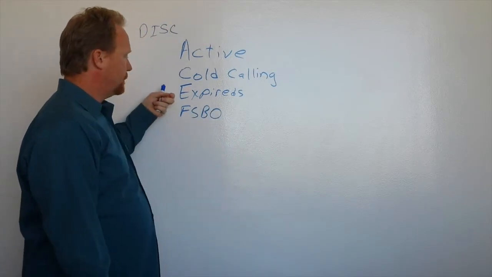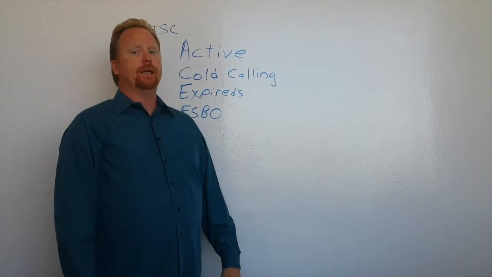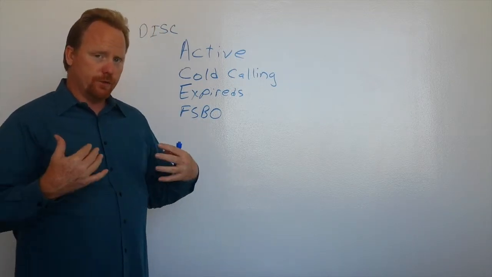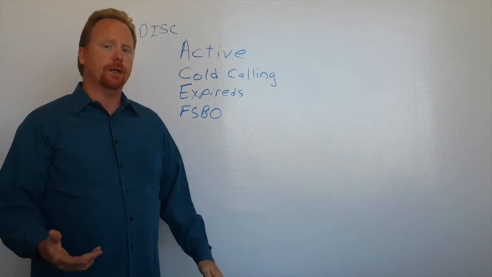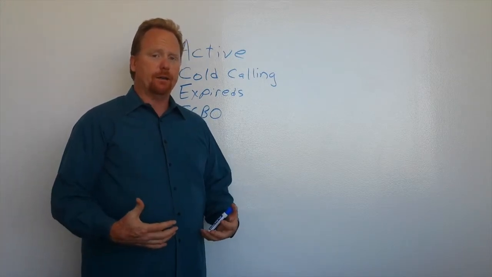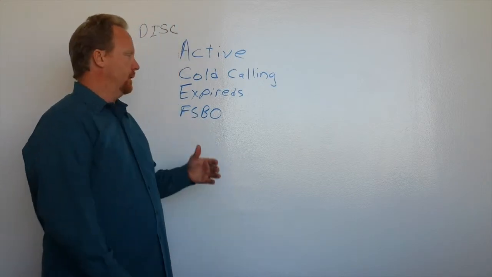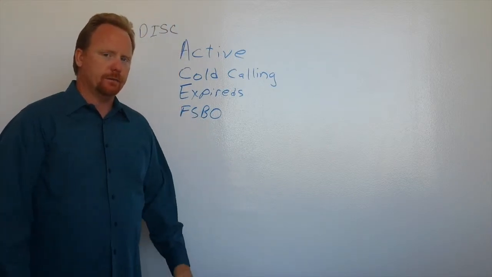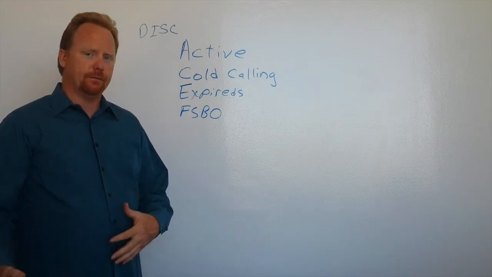But it'd be better to focus on the expired and the FSBOs. Now again, if your personality and your type will allow you to do this, then do it. But if every time you do it, you get a stomach ache and you feel sick, maybe you don't have to do this, because we can do passive, okay?